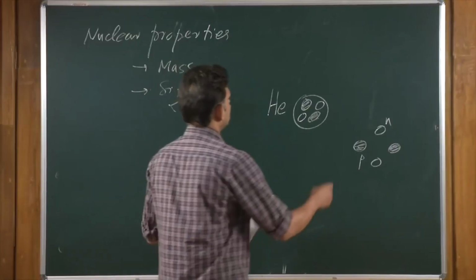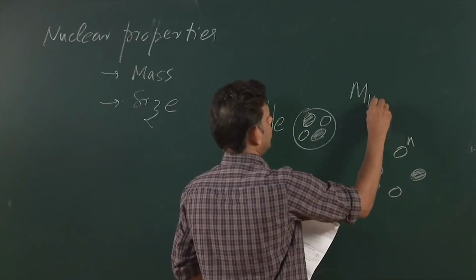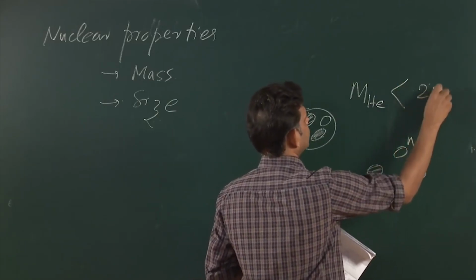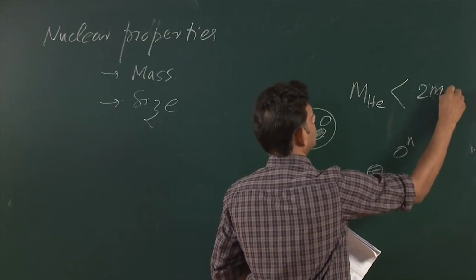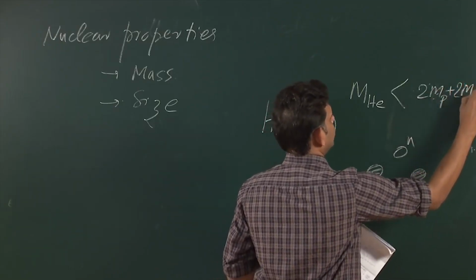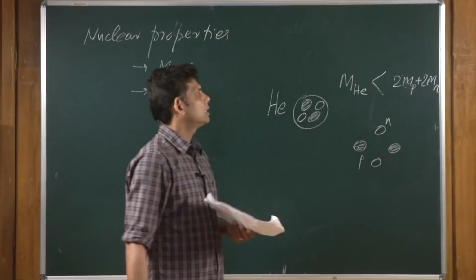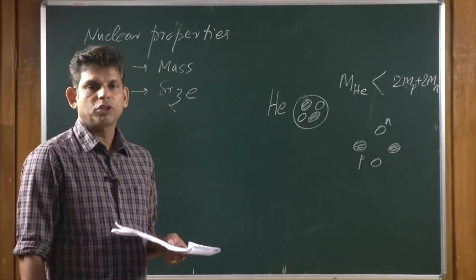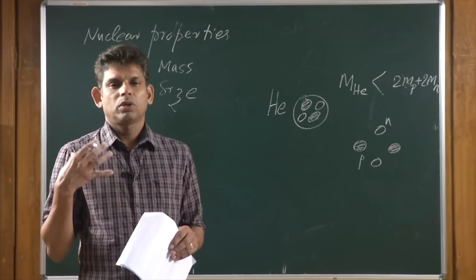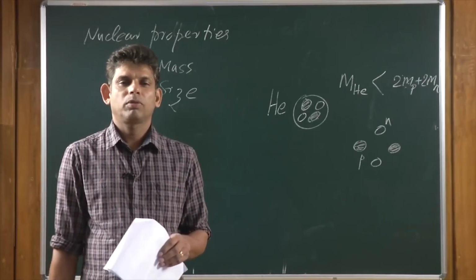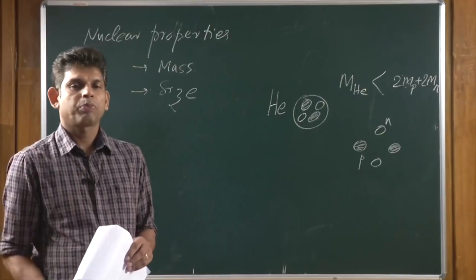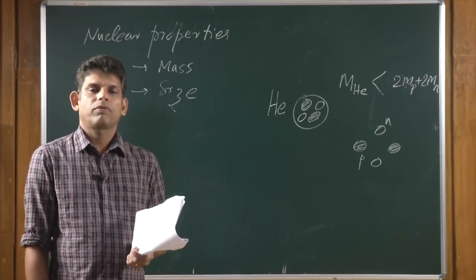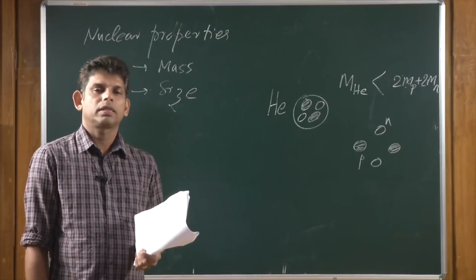Now, when you look at the mass of the helium atom and the mass of 2 protons plus mass of 2 neutrons, then there is a difference: the sum of the masses of the protons and neutrons inside this helium atom is larger than the mass of the helium.